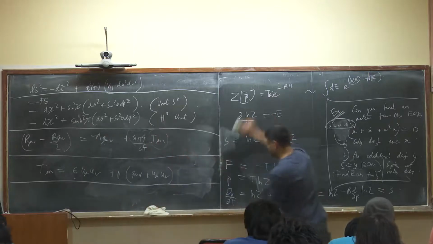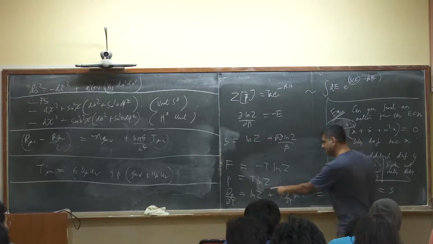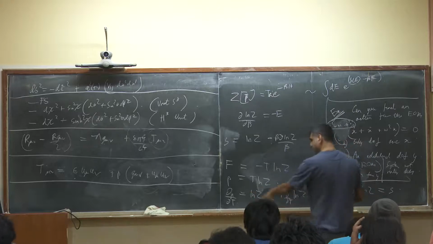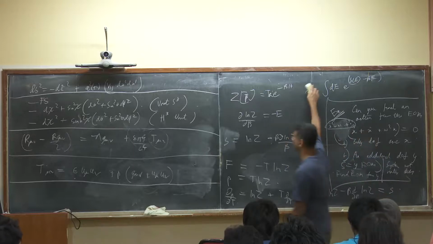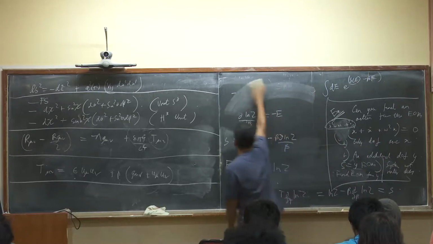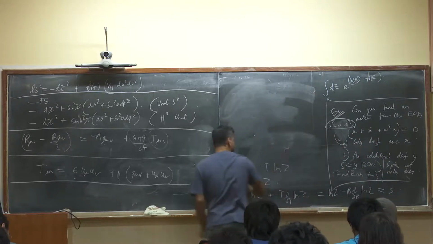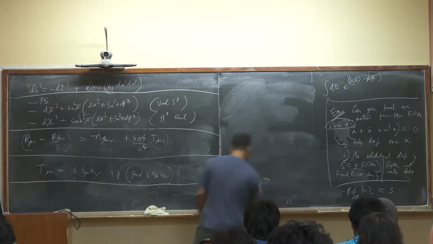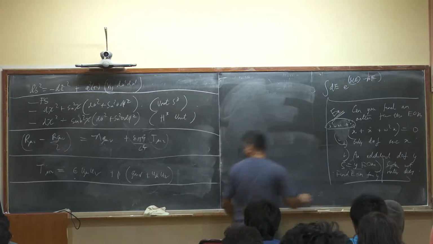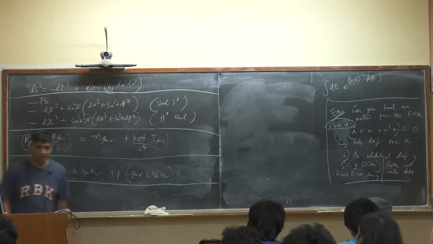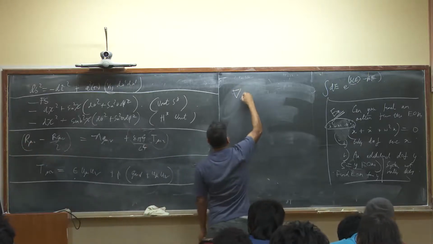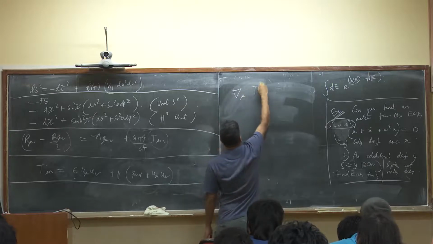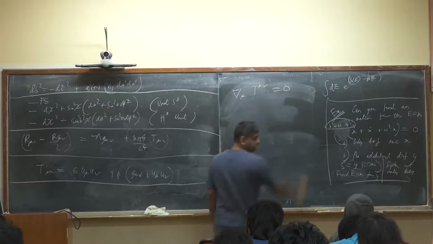Okay, I'm clearing this part. Is this okay? Maybe everything except dp by dt is equal to s. Well, we'll remember that. Okay, what I wanted, the general equation of motion is del mu T mu nu is equal to 0.